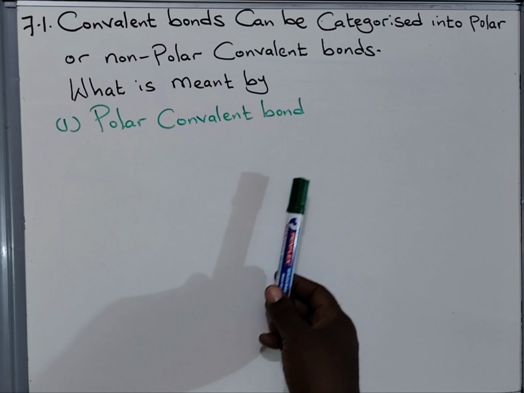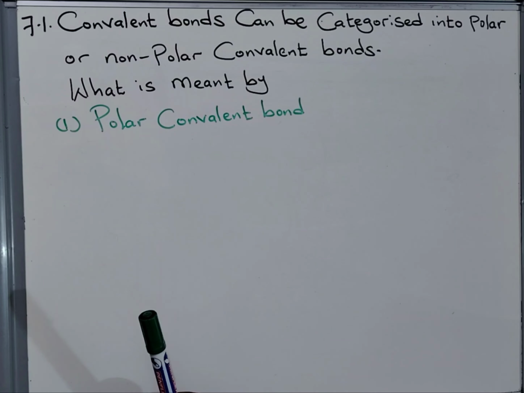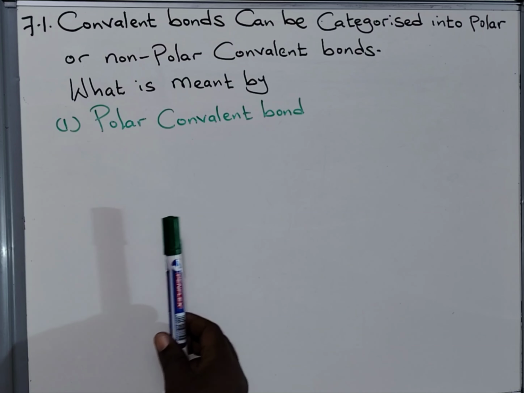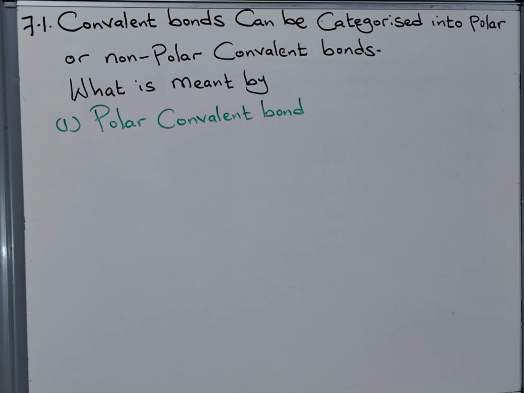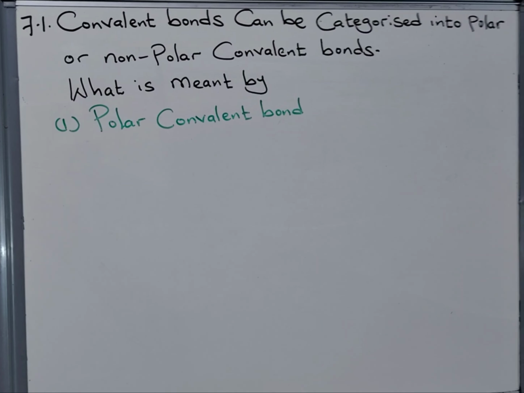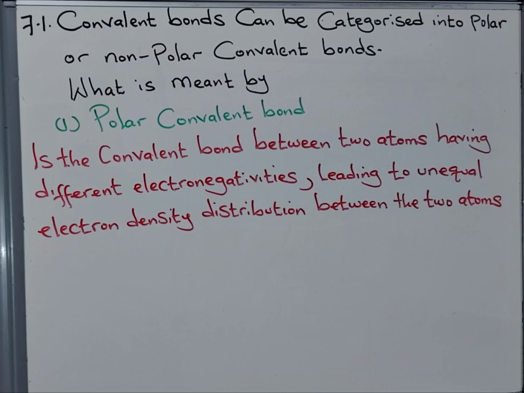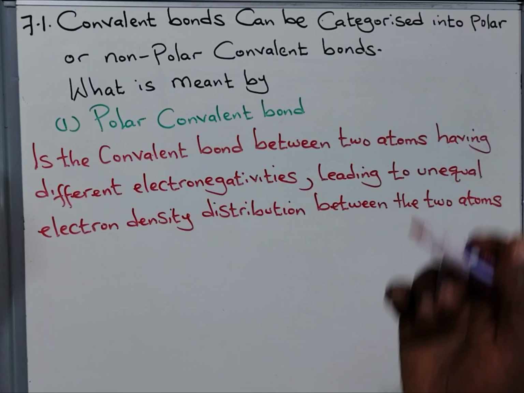A polar covalent bond is the bond between two atoms of different electronegativities, leading to unequal distribution of electron density between the two atoms.